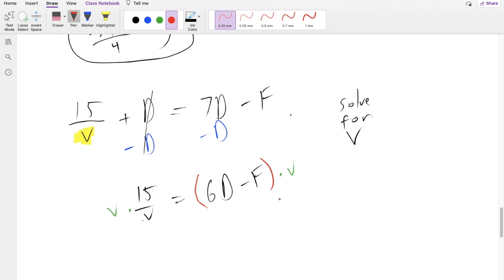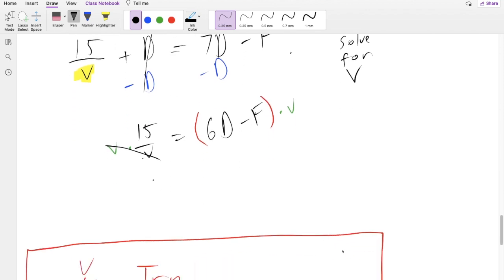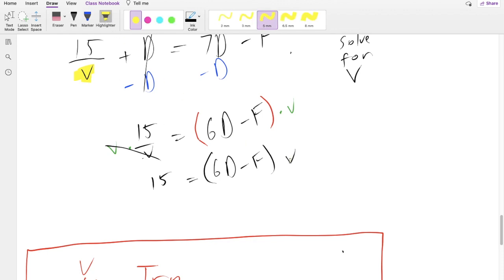That is a visual cue for me to understand that that v is being multiplied to the entire right side. On the left side, the v's are just going to cancel, leaving me with 15 equals 6d minus f times v.